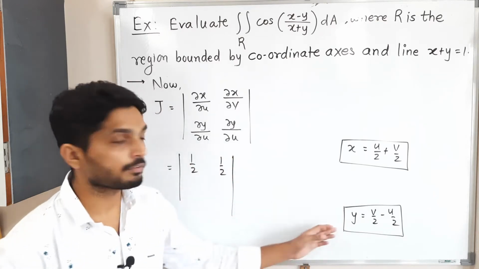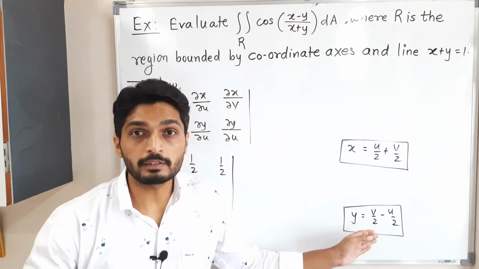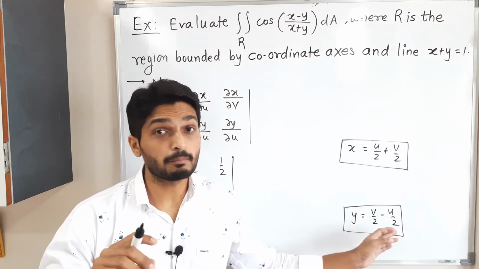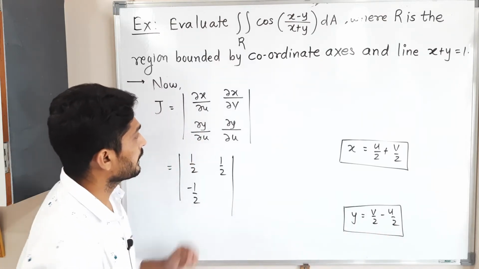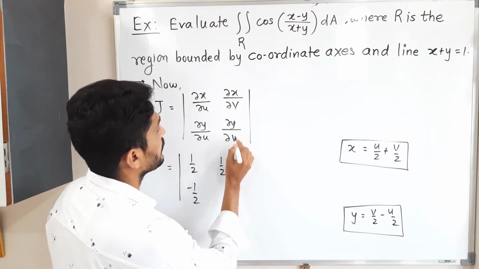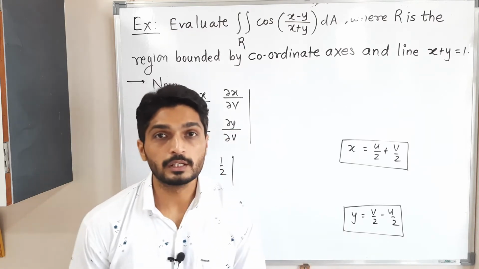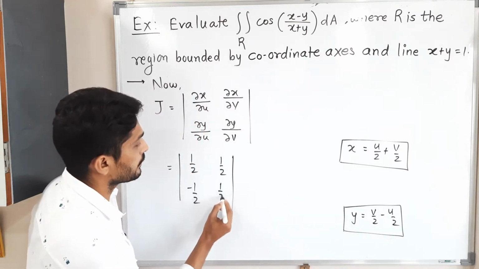Next, the derivative of y with respect to u. Here v by 2 is a constant, so its derivative is 0, and the derivative of minus u by 2 is minus 1 by 2. Next, the derivative of y with respect to v. The derivative of v by 2 is 1 by 2 and the second term is constant, so its derivative is 0.